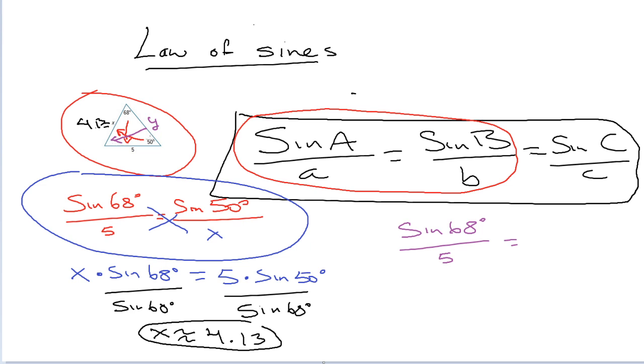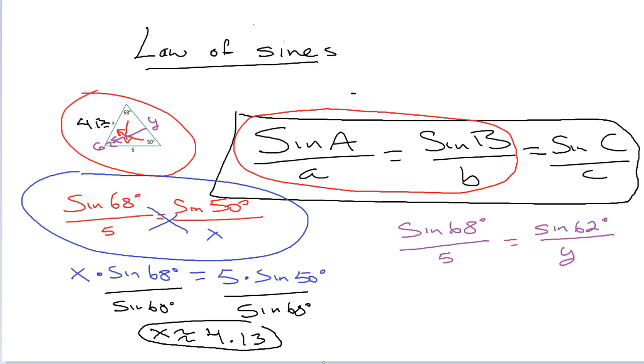If I do 50 plus 68, that's going to be 118 degrees. Subtract that from 180, and I get 62 degrees. So I can do sine of 62 degrees over y.